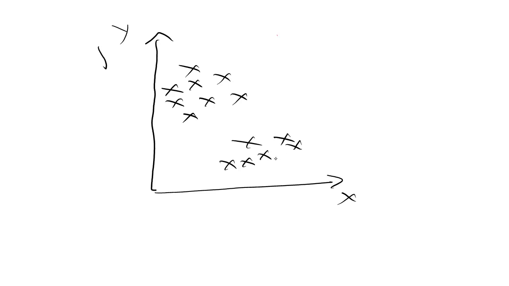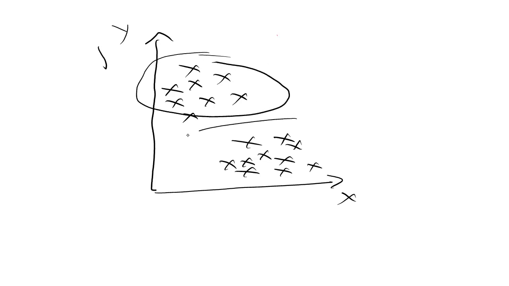So you have the x and y plane, and here you have a data point, like this, and here you have a data point like this. What do you do? You segment your data points into clusters. You cluster it out. You cluster this, and then you cluster this. Let's leave that for now.